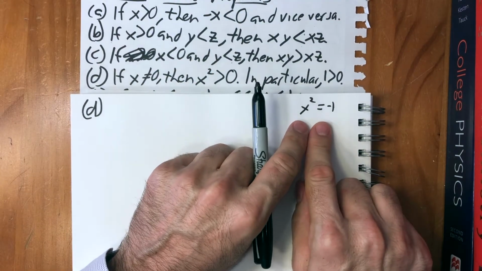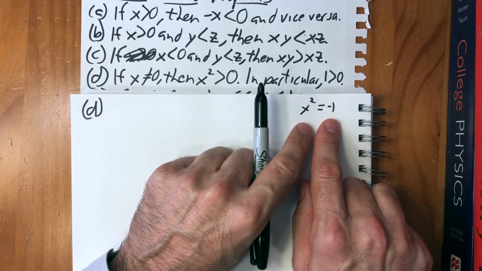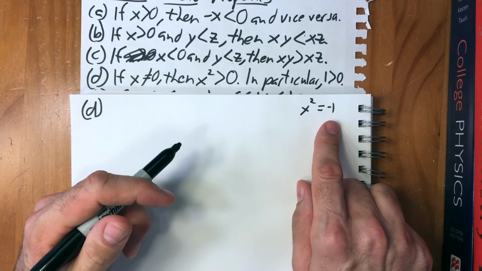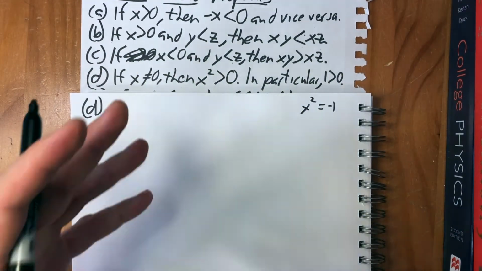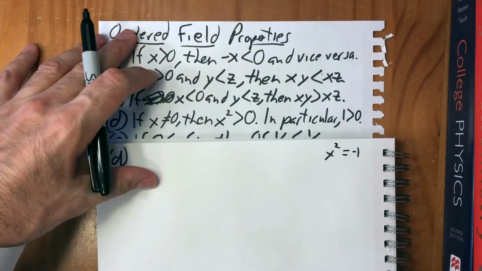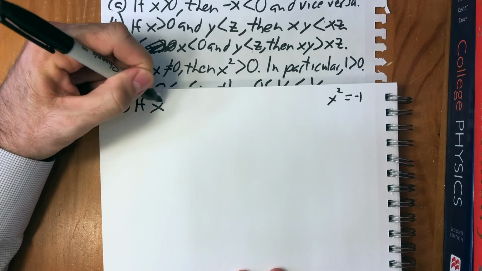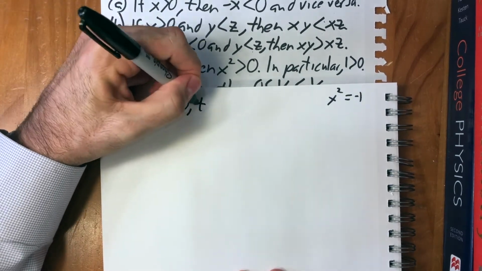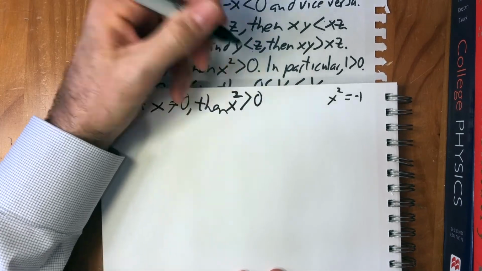You literally can't. If it's an ordered field, then x squared is going to have to be greater than minus 1. That's why we have to add i to it in order to even make it possible. But by doing that, it's no longer an ordered field. This proves that.